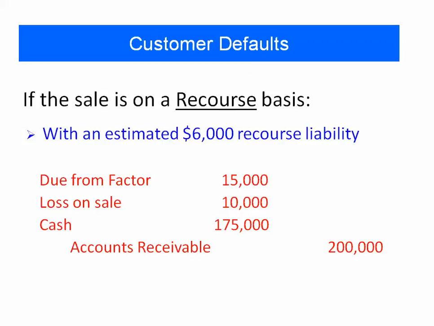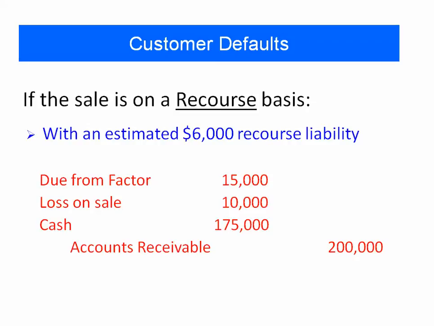We had the $15,000 due from factor. That was for potential customer returns of merchandise. We had the loss on sale of $10,000. That was essentially our finance charge. We received $175,000 cash, and of course we took the $200,000 accounts receivable off of our books.